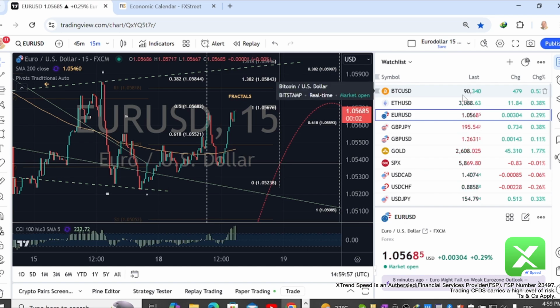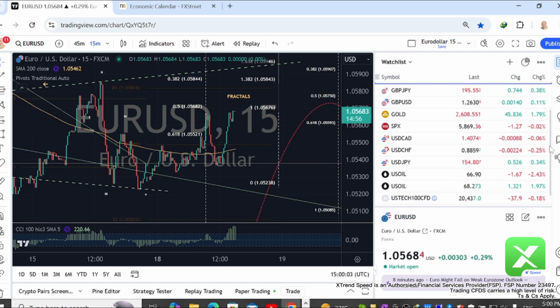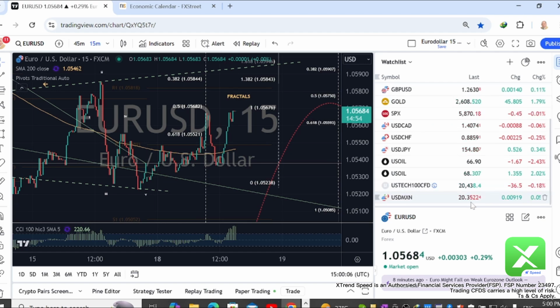We're just looking at taking longs at 89,700s. Now it's 90,300s. We also believe there is going to be a breakout higher in the US Tech 100. It hasn't yet occurred. We're looking at this at 20,460s. Now it's 20,430s. We only want to go on the trigger, of course. We just showed how.